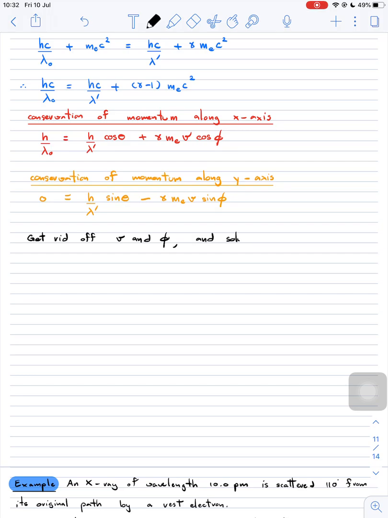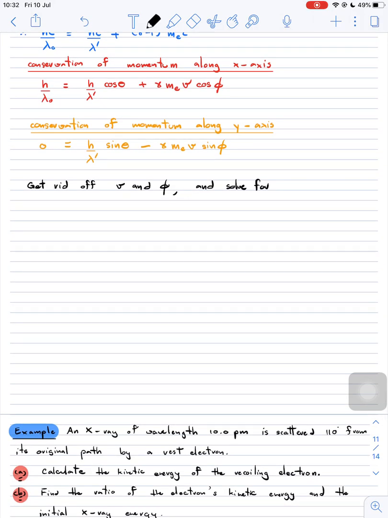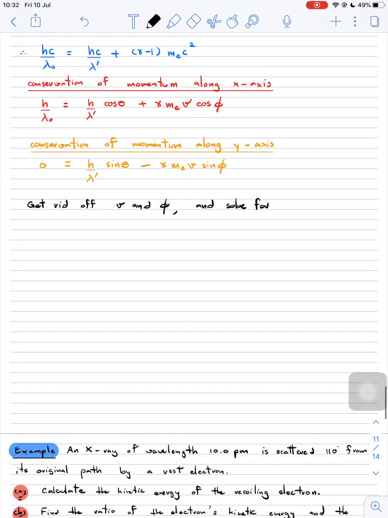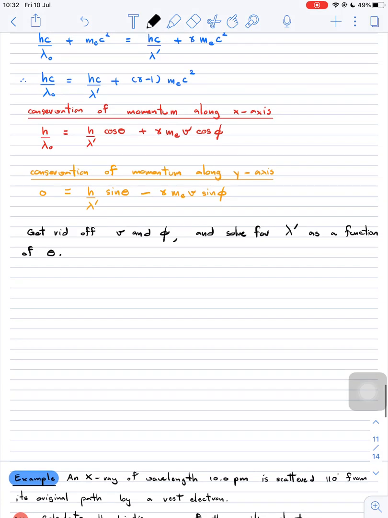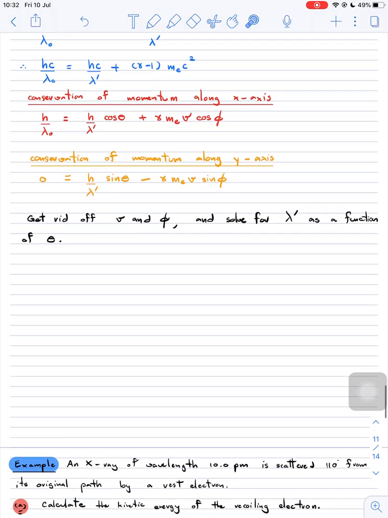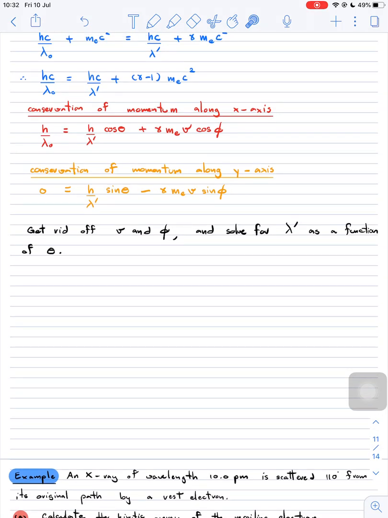And so for lambda prime as a function of theta, I will not show this one, so just work on it at home by yourself.